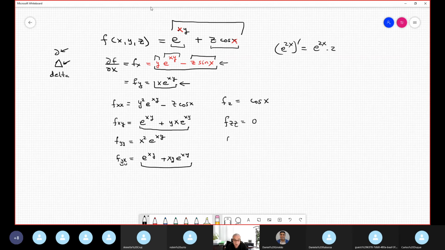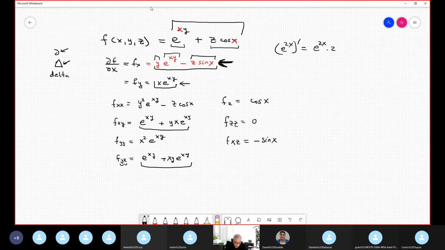Suppose now the combination, differentiate first with respect to x and after with respect to z. So we're using this expression again because I did the derivative with respect to x first. Now I need to differentiate with respect to z. It's obvious that that part is 0 and that part is a negative sine x. Make sense?